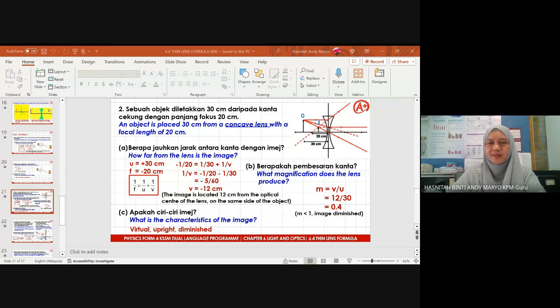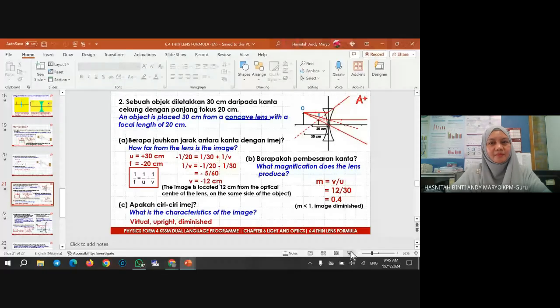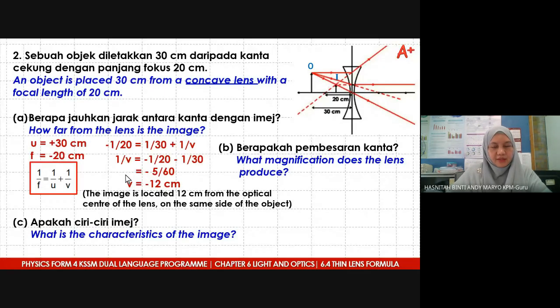So 1 over F is 1 over negative 20, equal to 1 over U, which is 1 over 30, plus 1 over V. So find what V is. Did you get negative 12 centimeters? If you substitute correctly, 1 over V, making it the subject, your answer will be negative 12 centimeters.